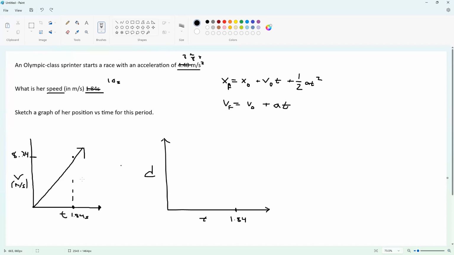In this case, at this point we are at 0 meters, and that is going to be our initial velocity, which is our y-intercept. My y-intercept is going to be 0 comma b.